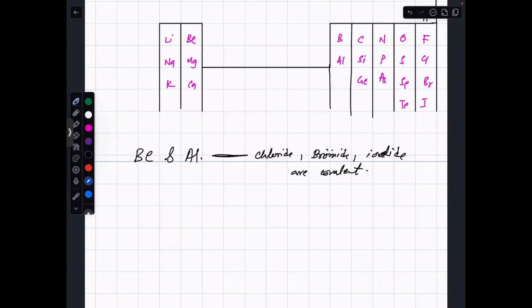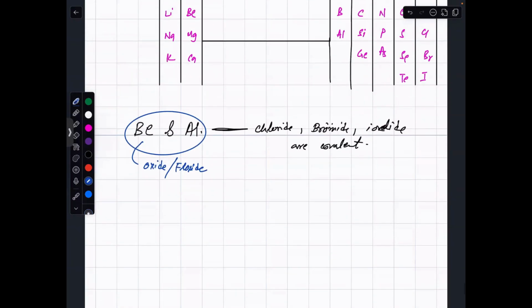But their oxides and fluorides are ionic. Why? We are going to discuss this later on, in the electronegativity topic.